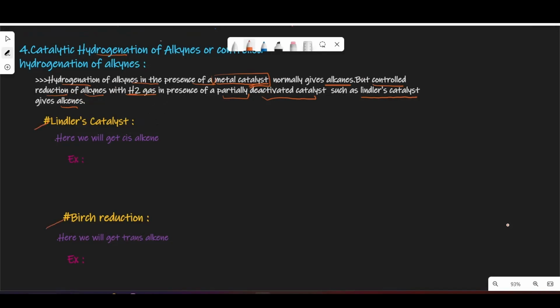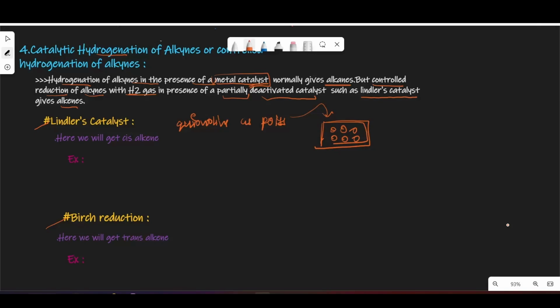In Lindlar's catalyst, generally we will use quinoline as the poison. Let's take this as the surface area, and we have small pores on that surface. Hydrogen is absorbed on the surface.